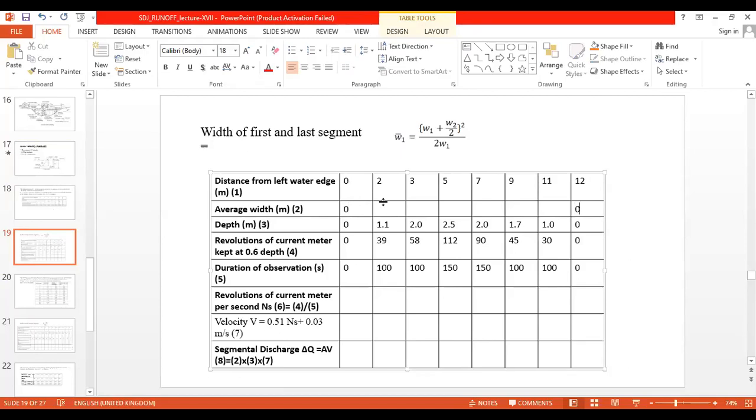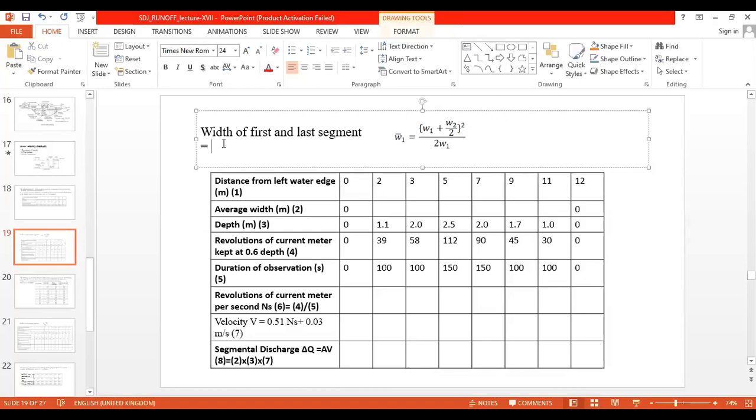Now first segment will be corresponding to this one. इसका क्या रहेगा, this will be W1 plus W2 by 2. अब W1 यानी कि क्या रहेगा, 0 to 2 यानी कि 2 meters. This one will be W1. So 0 to 2 as a 2.